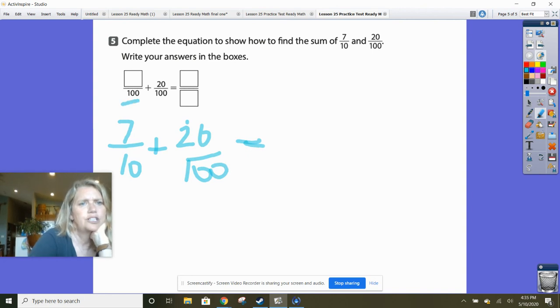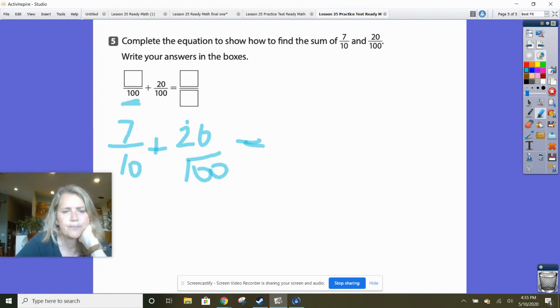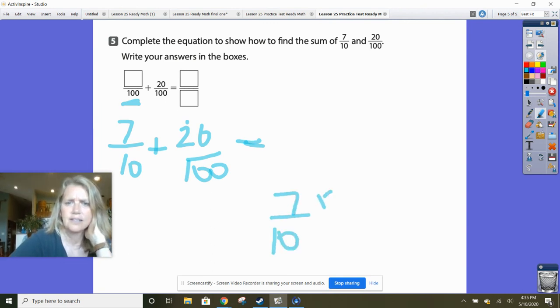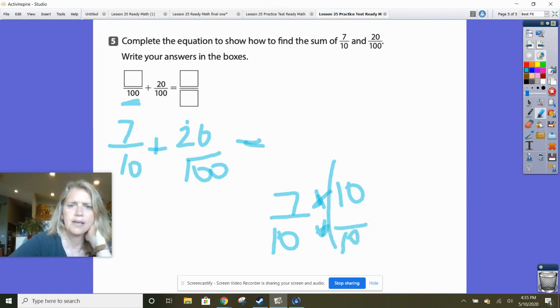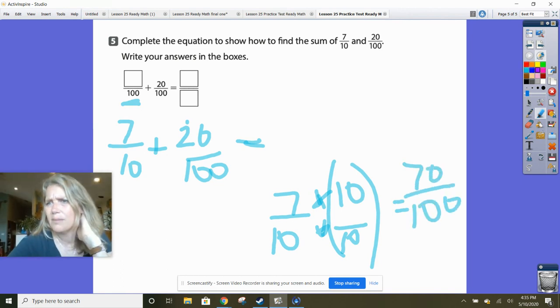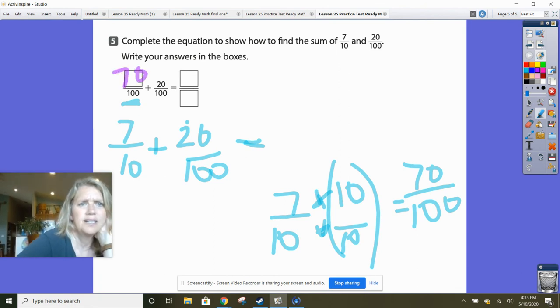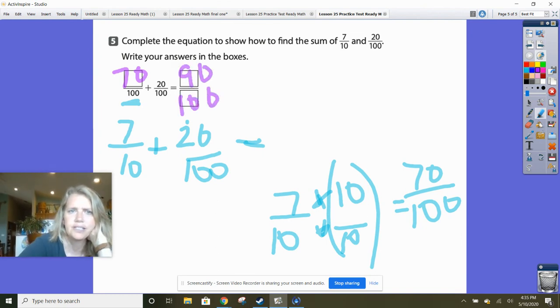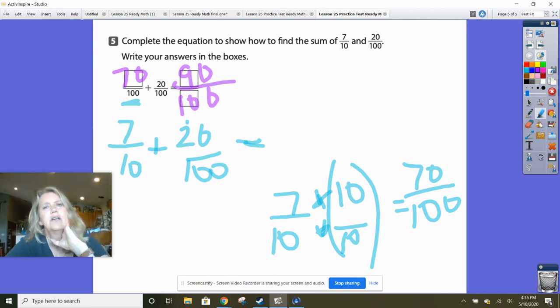Okay, looks like they've already started to change that to hundredths for us, and we know how to do that. 7/10 times 10 over 10, because that's the same as 1. 7 times 10 is 70. 10 times 10 is 100. So we get to put a 70 there. And then 70 plus 20 is 90, and the denominator stays the same, 100. That's how you do it. That's what you would put in those boxes.